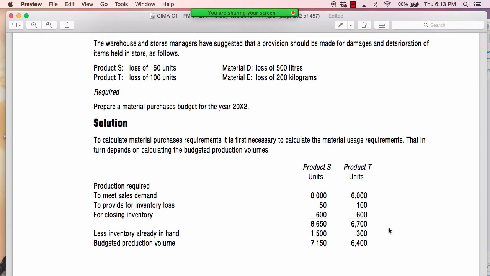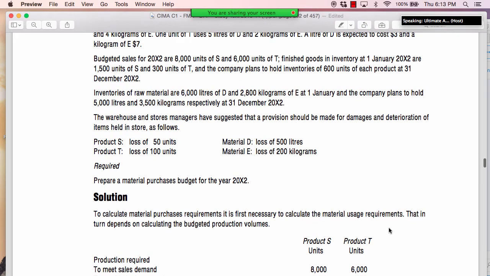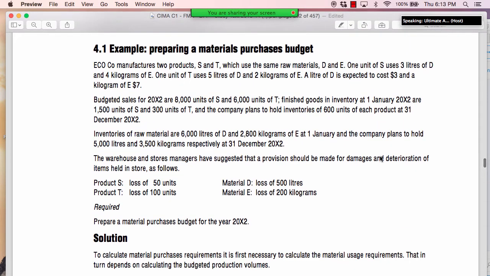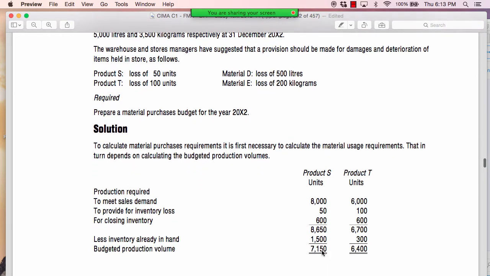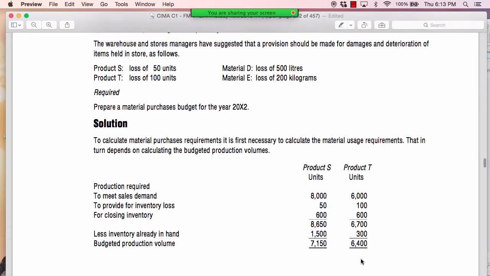From there, you already have finished goods. They're saying there is finished goods, correct? You have a certain amount of finished goods, 1,500 and 300. So then you deduct those two, and finally you get the amount you actually need to manufacture.